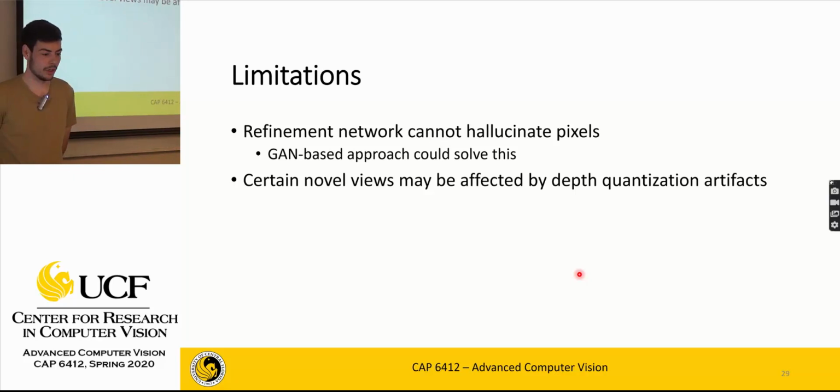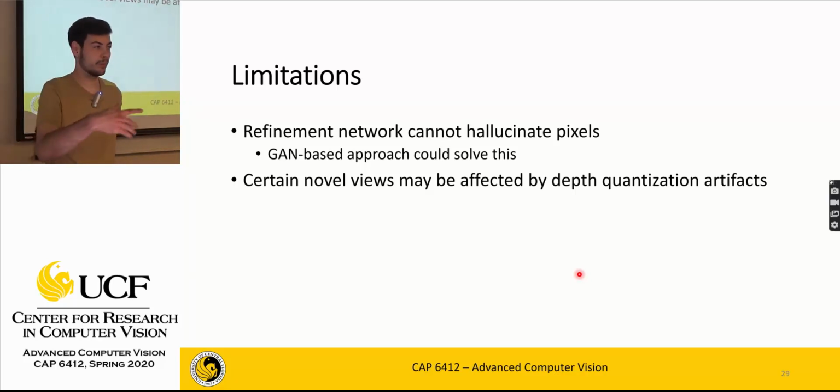So the limitations of this network are that the refinement network does not hallucinate pixels. All it does is look at patches from different viewpoints, find similarities between them, and refine the actual image based on that.